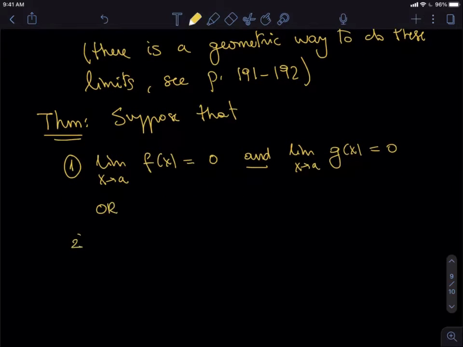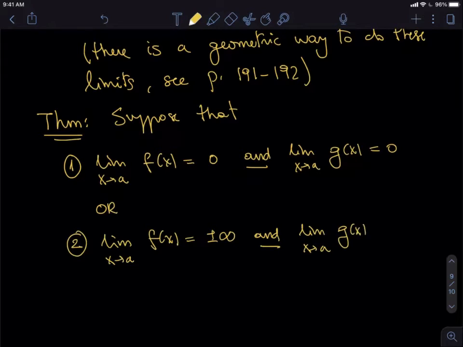Or situation 2: the limit as x tends to a of f of x is plus or minus infinity, and the limit as x tends to a of g of x is plus or minus infinity.